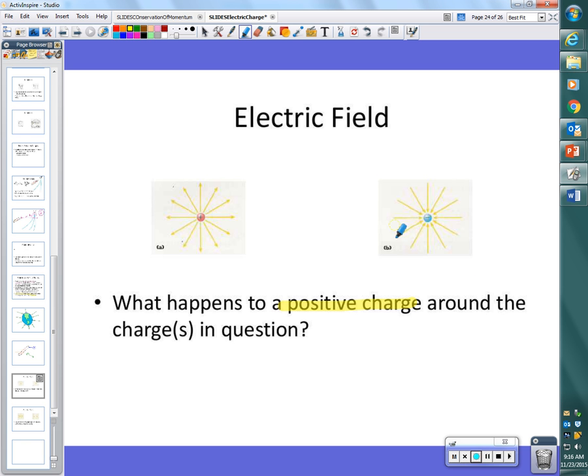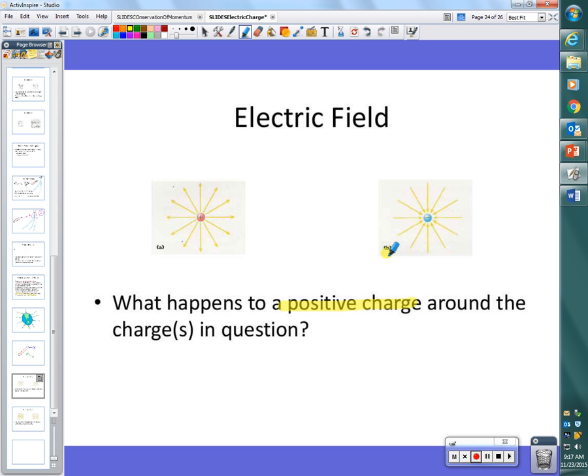But little letter b here, right? That's a negatively charged blue object. What do positive charges do around negative objects? They are attracted. So you see all of the arrows point towards that negatively charged blue object.